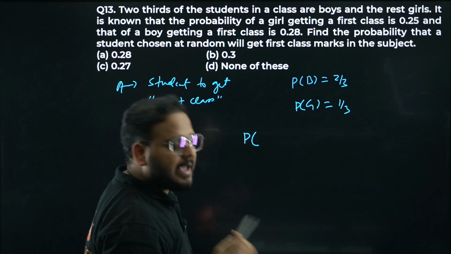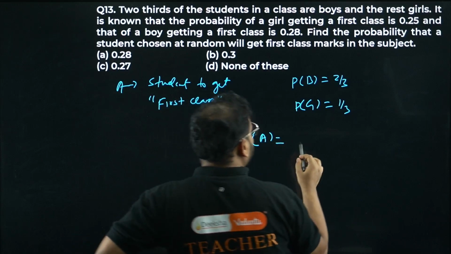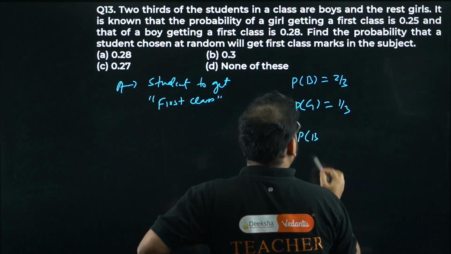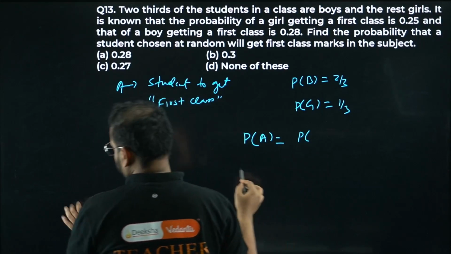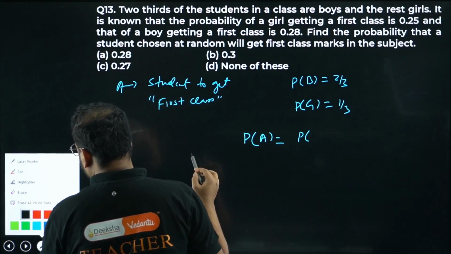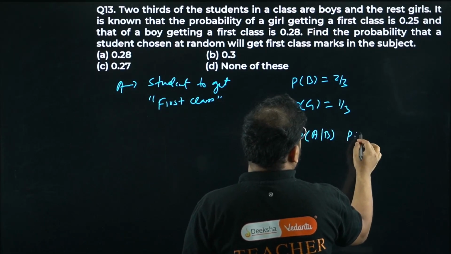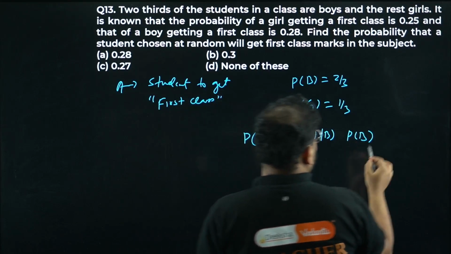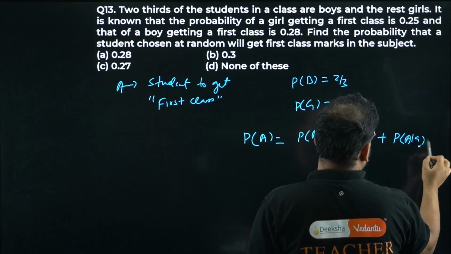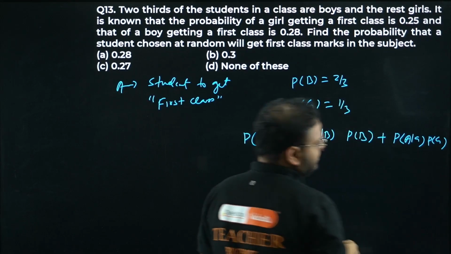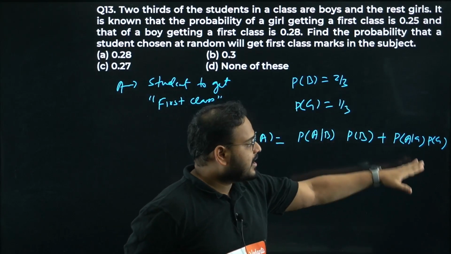Let's call this event A. So PA will be equal to first class from the boys category times the probability of choosing a boy, plus first class from the girls category times the probability of choosing a girl. So PAB times PB plus PAG times PG.